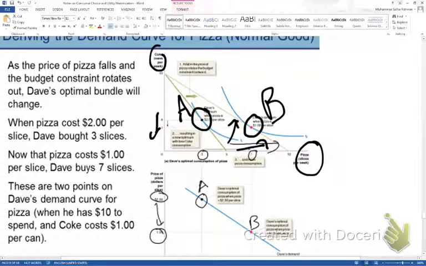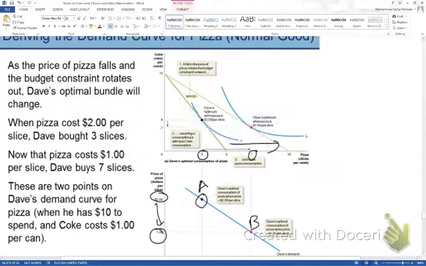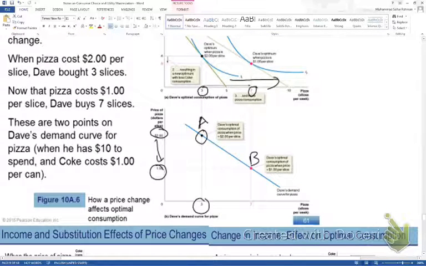What does that mean? In the lower panel, if A was the bundle associated with the price before and B is the bundle associated with the new, lower price, you are now buying more of this good at point B. So when the price went down, you are buying more of this normal good, which means that the demand curve for pizza is downward sloping.